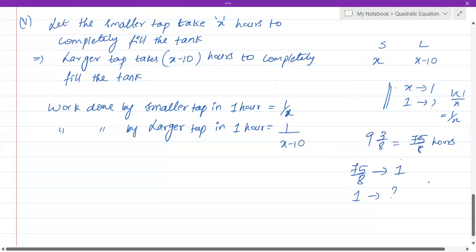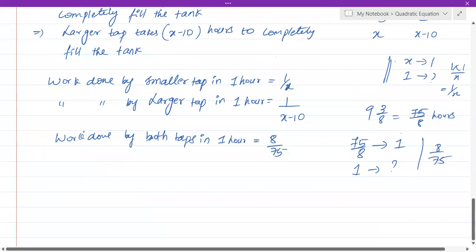It's basically the reciprocal, 8 by 75. That is, work done by both taps in 1 hour will be 8 by 75.